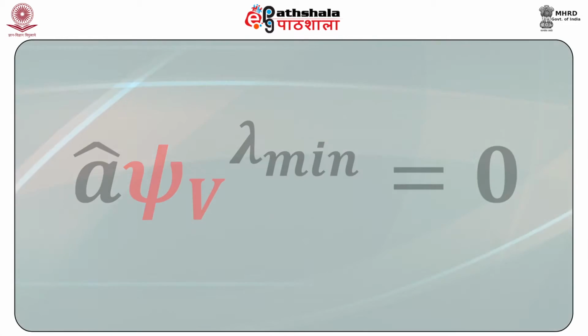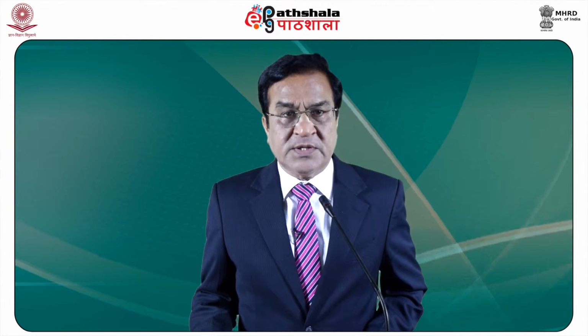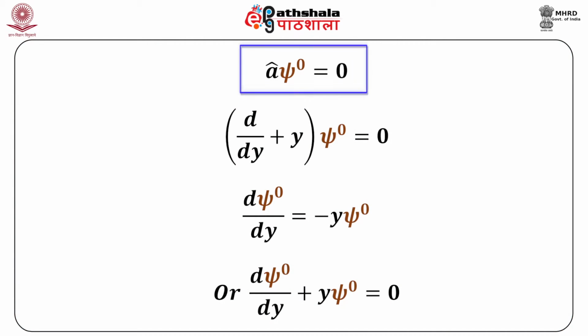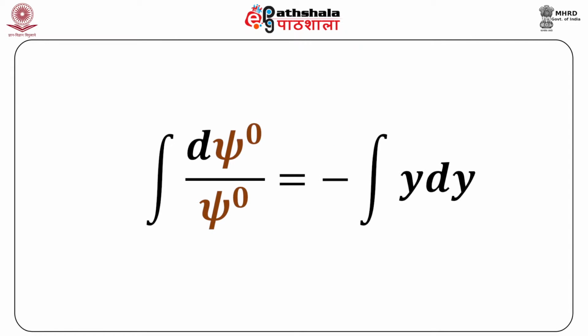Now suppose that psi v lambda minimum is psi 0, because we cannot have a wave function for a lower value than this. Therefore, a cap psi 0 becomes equal to 0. Now a cap, you know, is d by dy plus y, and if we simplify it and integrate it, it is very simple.